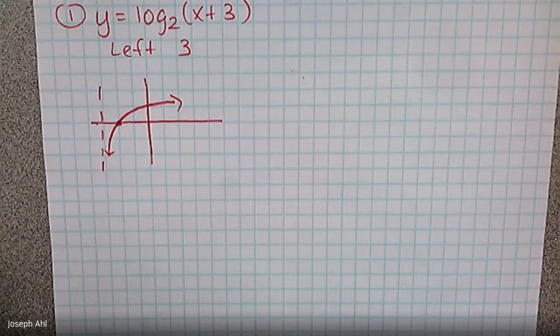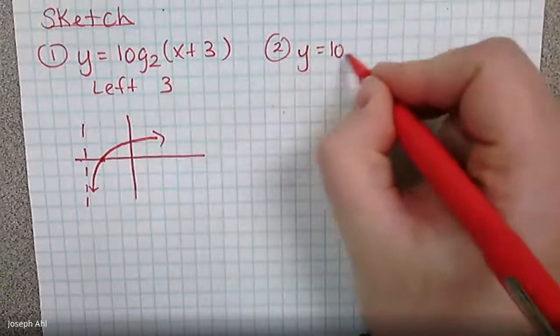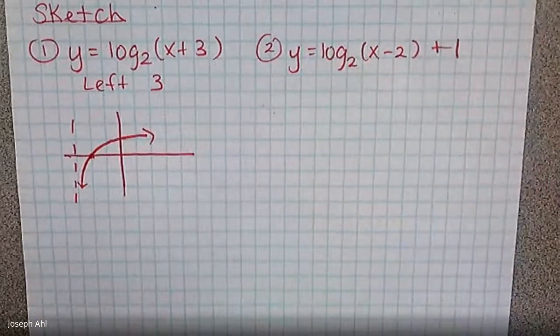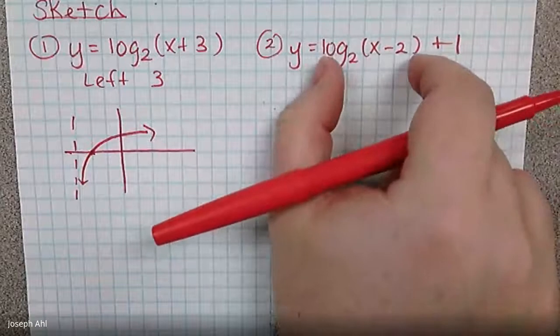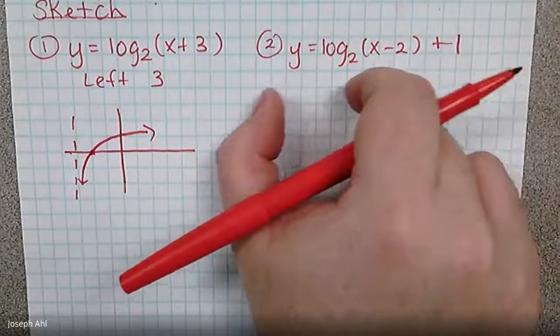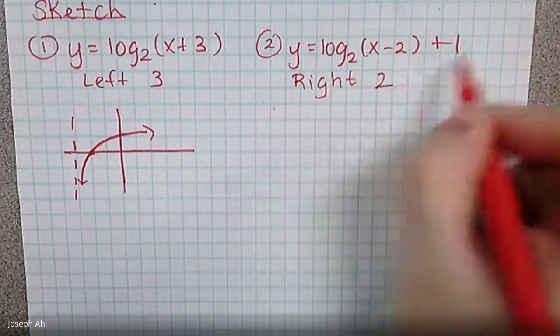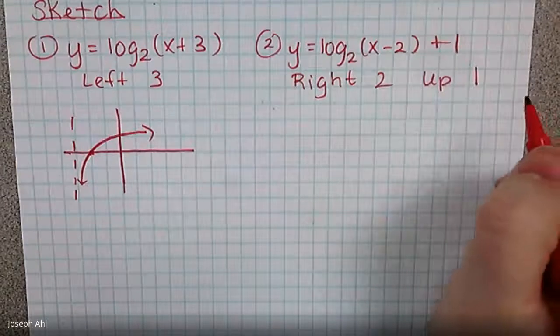Okay. So if I move on to number 2, y equals log base 2 of x minus 2, plus 1. So I'll add another transformation on there. Just the log base 2 of x minus 2 part to begin with, that's going to shift to the right 2 units. And we know that changes on the outside are going to be the vertical shift up and down. So that's going to move up 1.